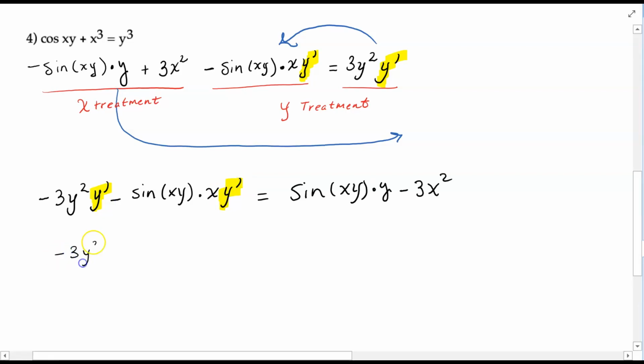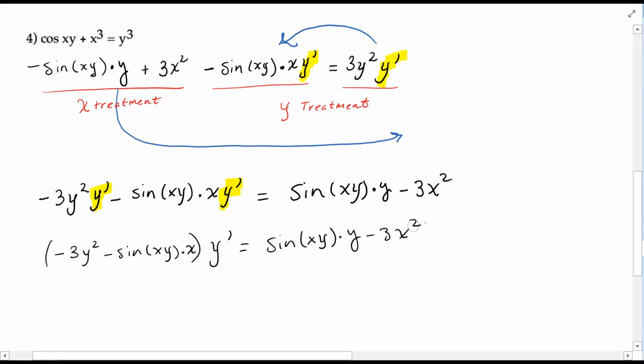Negative 3y squared minus sine of xy times x, and then I factored out the y prime, and it's still equal to the same stuff that was over here. The only thing I'm probably going to do is put that variable in the front, and that's about it. But other than that, I'm going to now divide by this on the other side.